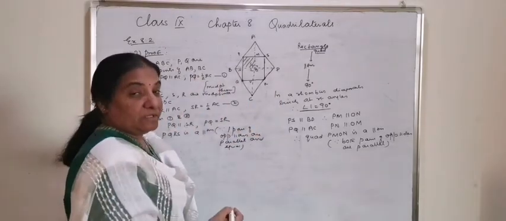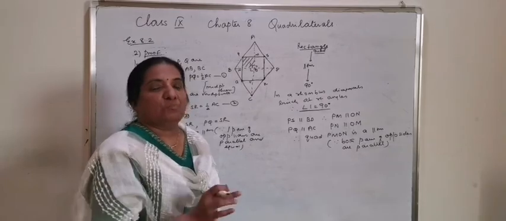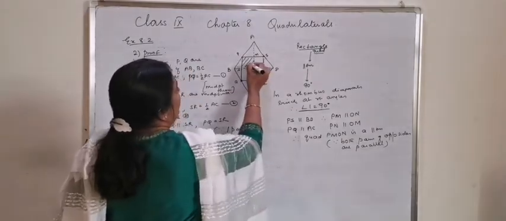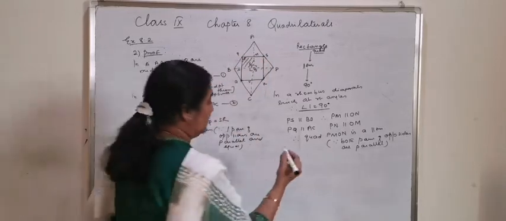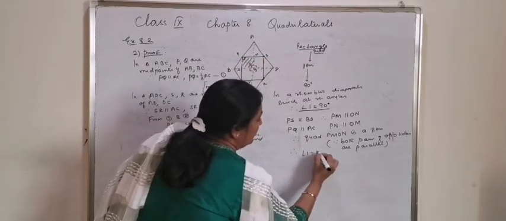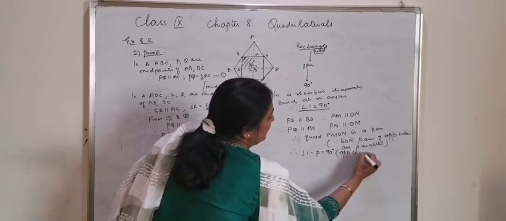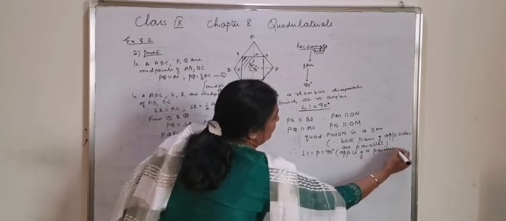Now, what is the condition regarding the opposite angles of a parallelogram? Opposite angles are always equal. So, if angle 1 is 90 degree, what will be angle P also? Therefore, angle 1 is equal to angle P is equal to 90 degree, opposite angles of a parallelogram.